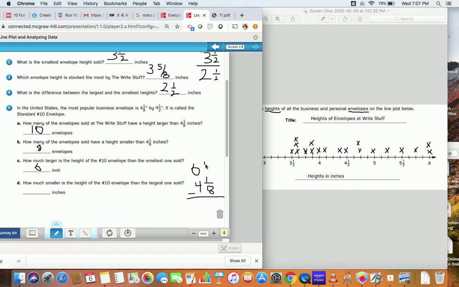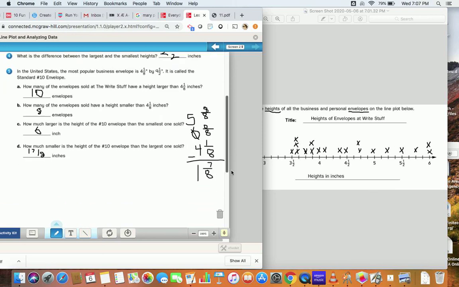Okay, so 6 is the same as 6 0/8. So we have to have something here to subtract our 1/8 from. So we're going to change this into 5 wholes, and then that whole we're going to change into 8/8. So we have 5 8/8 minus 4 1/8. So 8/8 minus 1/8 is 7/8, and 5 minus 4 is 1. So 1 and 7/8 is the difference between the height of the number 10 envelope and the largest one that they sell at the Right Stuff.